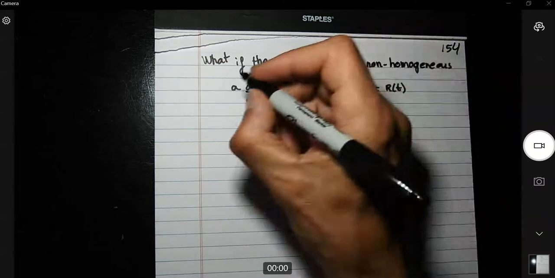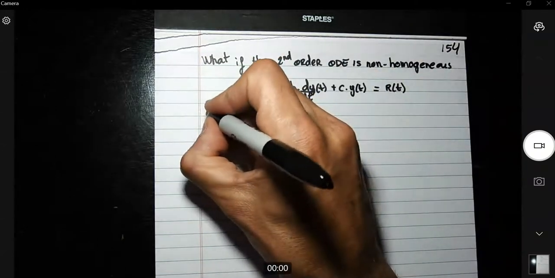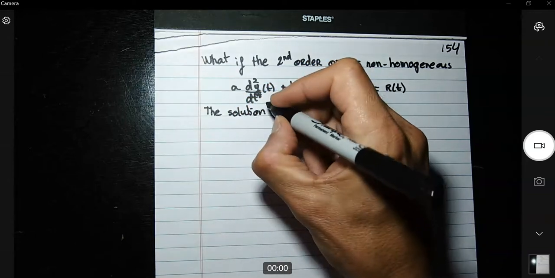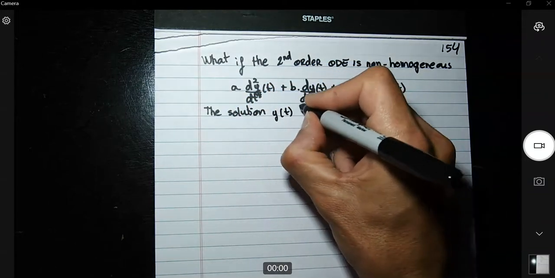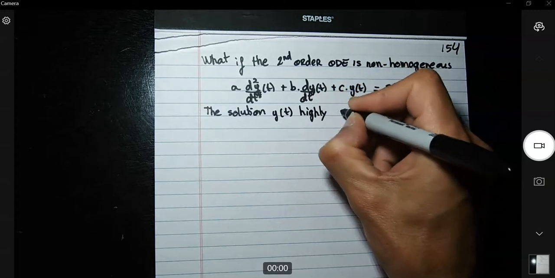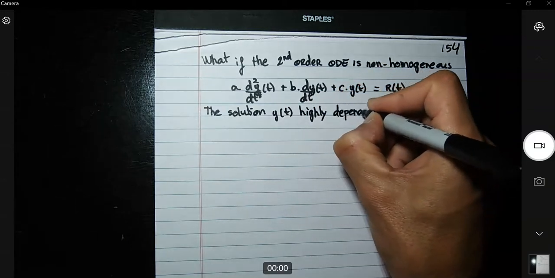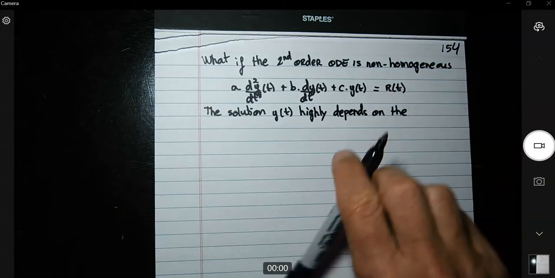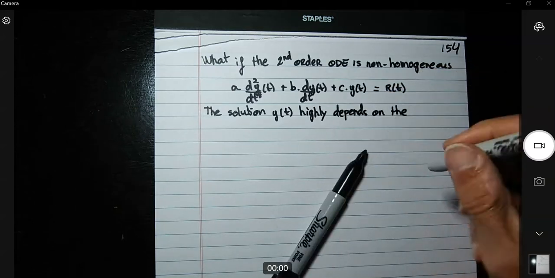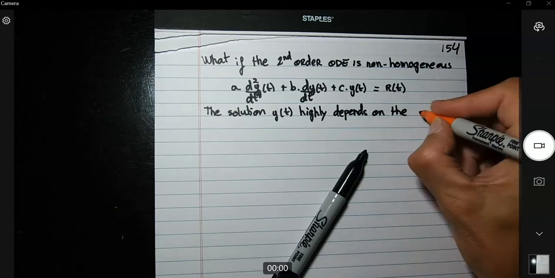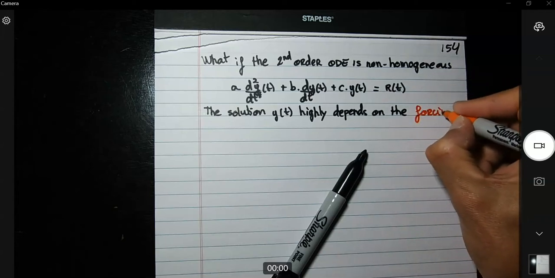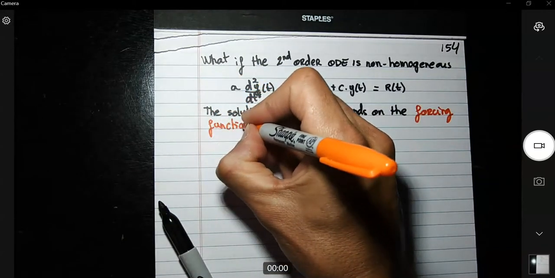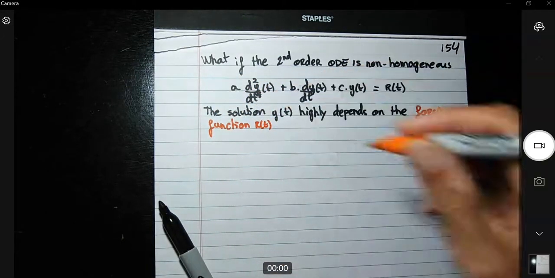So in that case, you will see that the solution y of t highly depends on the forcing function r of t.